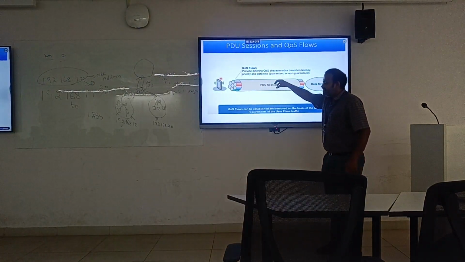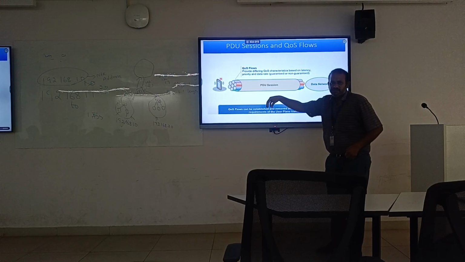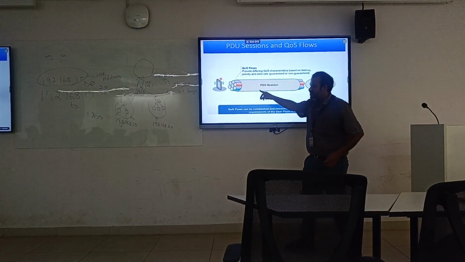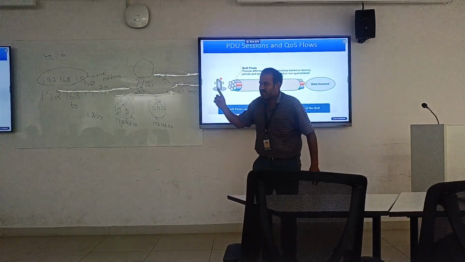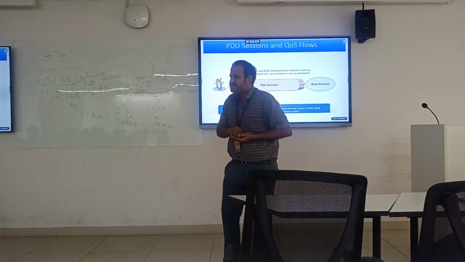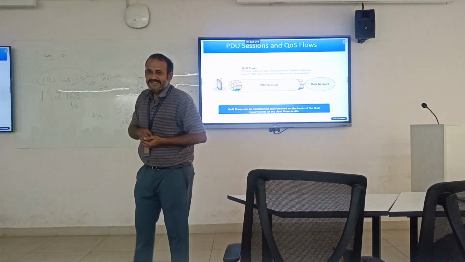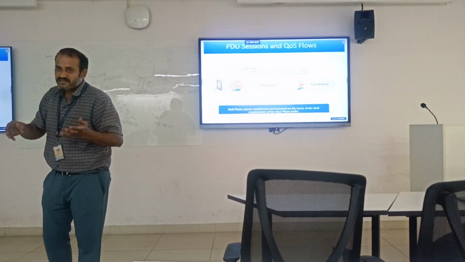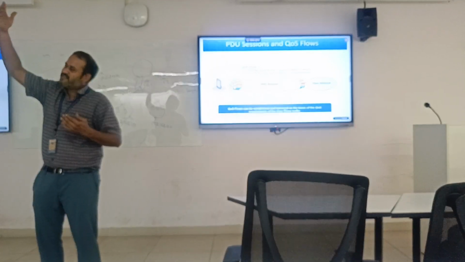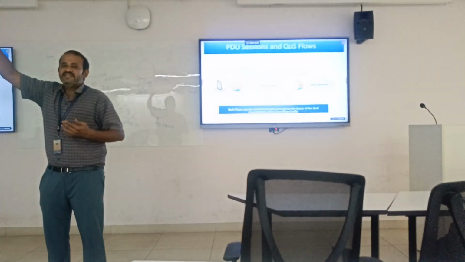Where does the instruction come from to the UPF? Who will give the instruction for network slicing here? I want QoS 1 to flow, so who gives the instruction? Where will this UPF receive the instruction? From SMF, then SMF from the hierarchy, PCF.